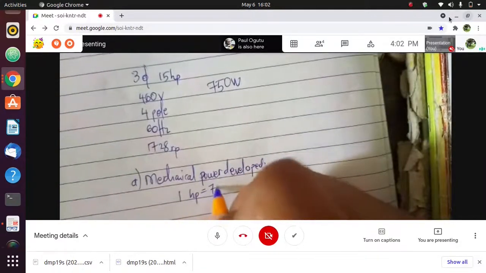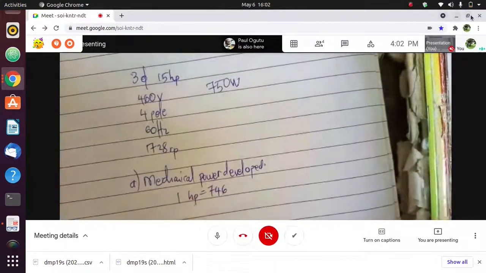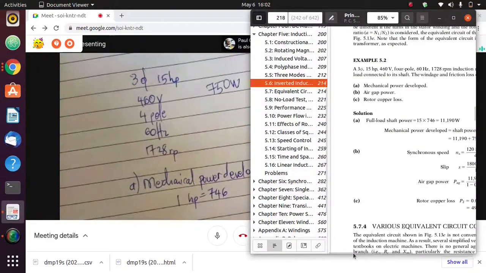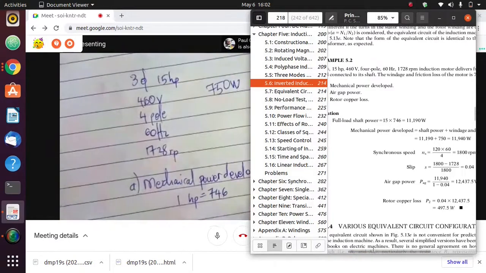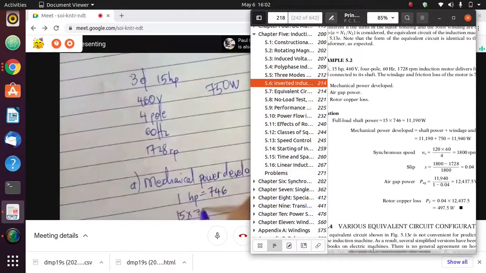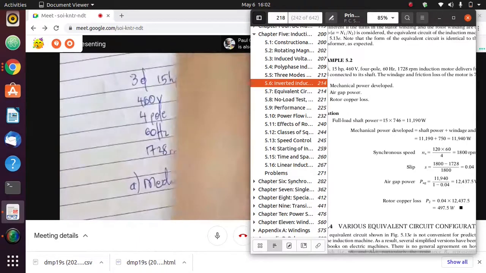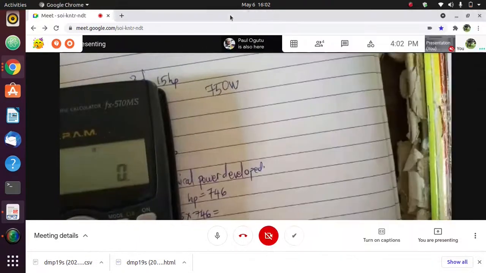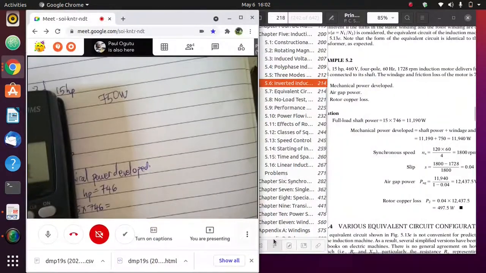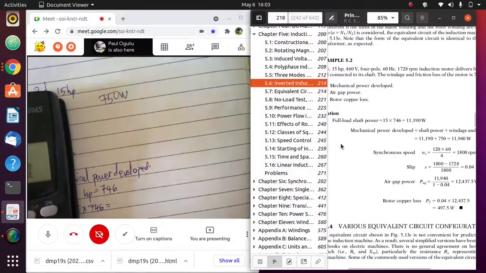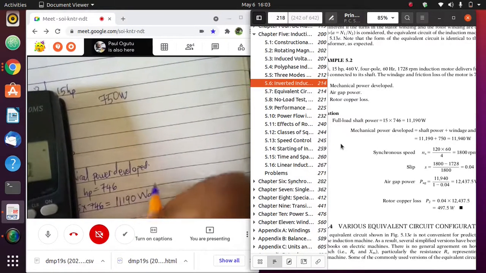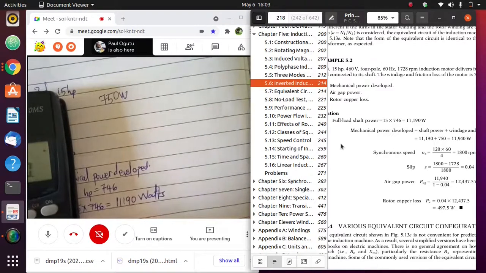So when the rotor is 15 horsepower, then the full shaft power will be 15 times 746 to give us that the total load power in that shaft itakuwa ngapi? 11.19 kilowatts.